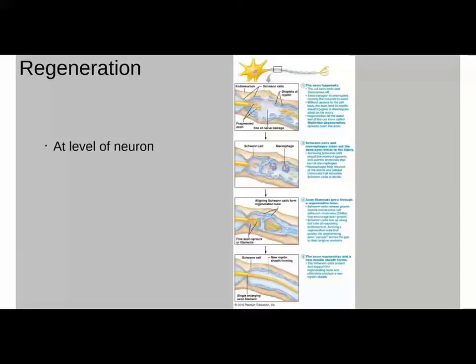And once that axon has taken shape, the Schwann cells begin to wrap themselves around that axon in that jelly roll-like fashion we had seen back in chapter 11, and now we have our myelin sheath back in place, and we have an axon back to its original form.